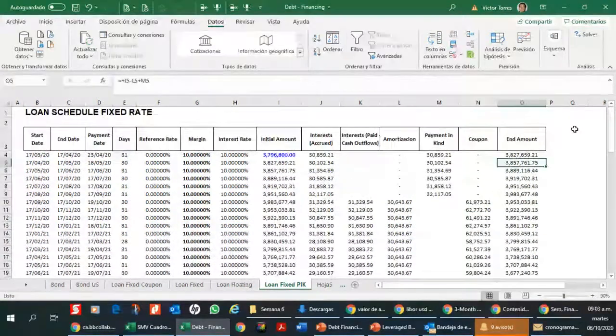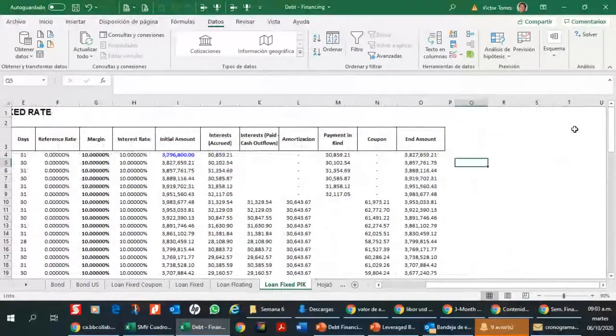What this implies that we should be aware of, as I was mentioning, is how this is going to be helpful for us when we are modeling the free cash flows, for instance, and all our analysis.